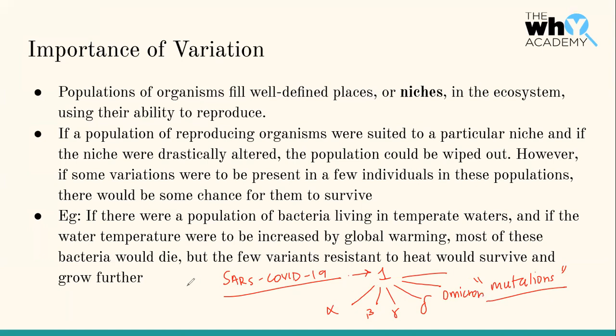So COVID-19 has a rapid multiplying rate. It gave rise to a lot of new individuals. I'm trying to say that basically it reproduced. And because of variations, it came up with some of them which had better chances of survival.